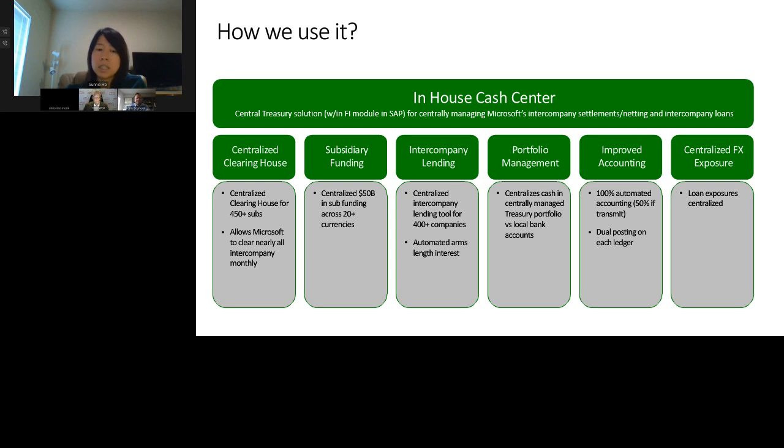So we also use the in-house cash center to calculate and post interest to each account based on the arm's length interest that we pull from the market. Last but not least, we are able to better manage our FX exposure and only provide funding to the local bank account as needed.